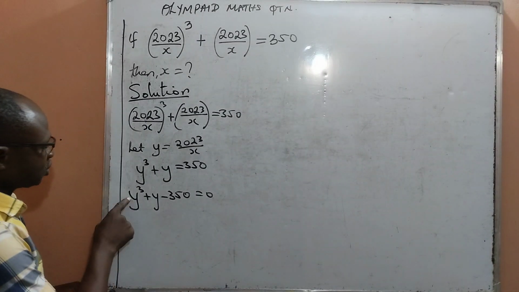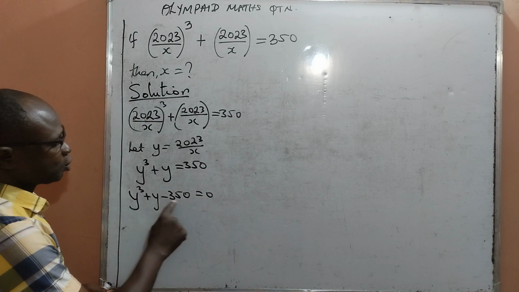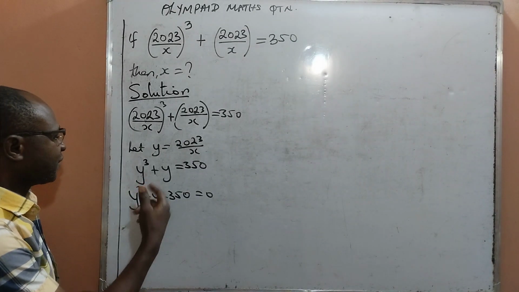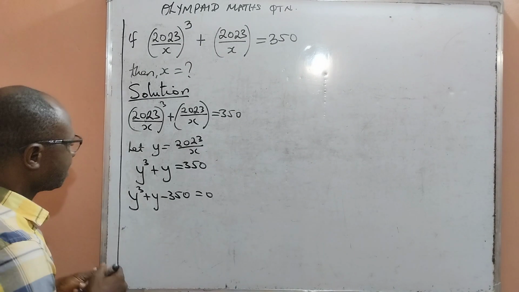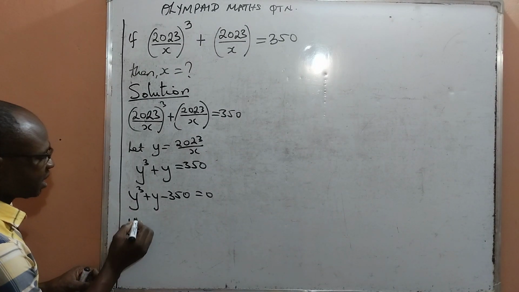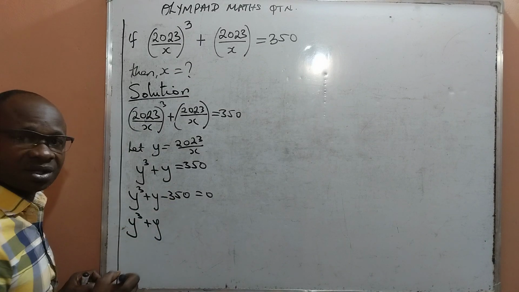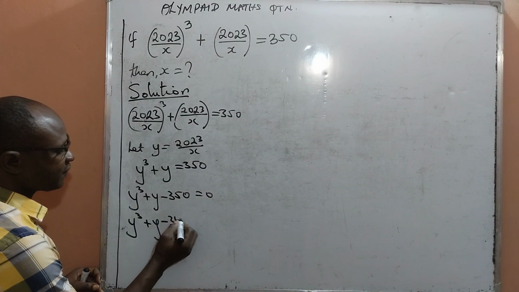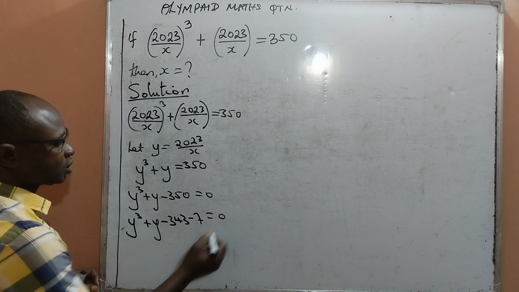This time around, because of this cube here, I want to express this minus 350 in the form of a number that can give me a cube. What I mean by that is that I can now write y^3 + y, then minus 350 can now be written as minus 343, then minus 7 equal to 0.